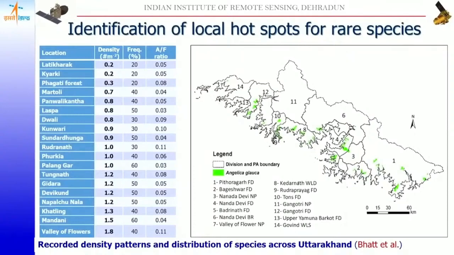Such an exercise also forms a baseline for the hotspot analysis for rare species, because if some areas are highly suitable, based on that we can do field based surveys, and we can also categorize the different zones as per the density of the species based on the field study.